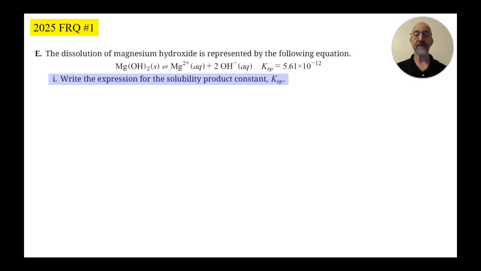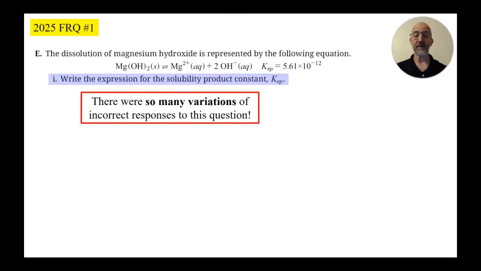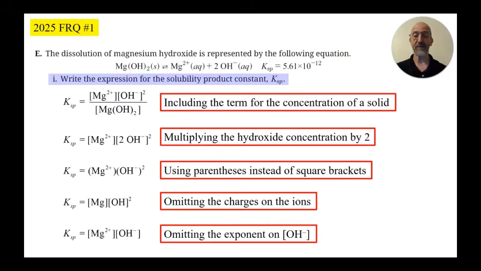And the equation for the dissolution of magnesium hydroxide is given in the question. Oh my goodness, there were so many variations of incorrect responses to this question. So take a look and then also make sure that you don't do this on the AP Chemistry exam when you have to write an equilibrium constant expression.